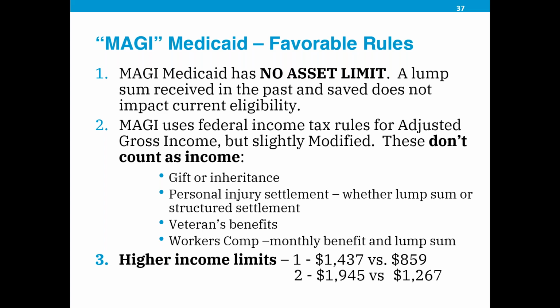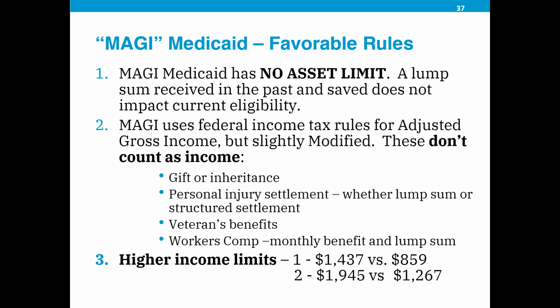Another advantage is that because it uses federal income tax rules for deciding what is income, certain things don't count as income that do count in the other Medicaid, the non-MAGI Medicaid for the disabled and elderly population.